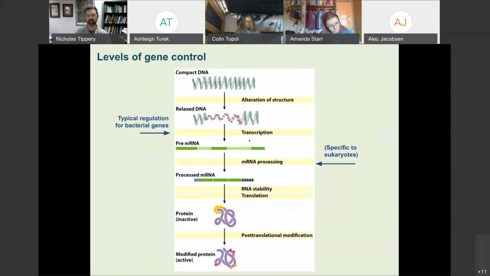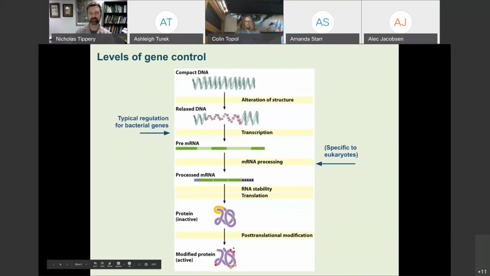But it's also possible to affect how RNA is processed, RNA stability, whether that molecule sticks around long enough to be translated, and modifications of the protein as it becomes active.